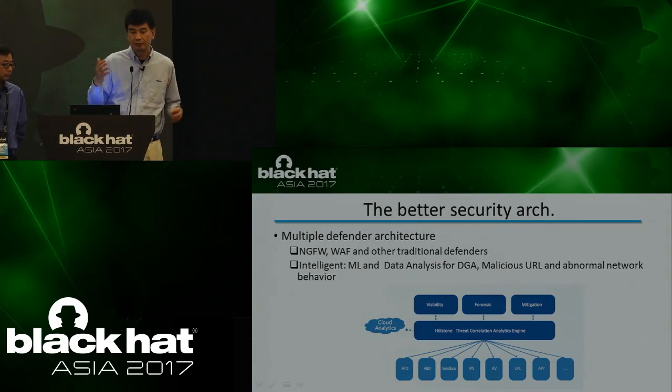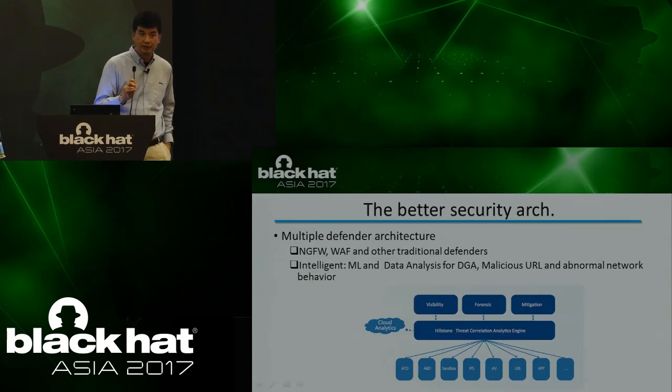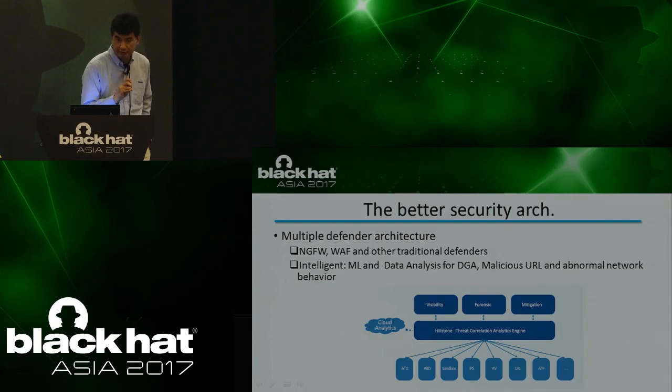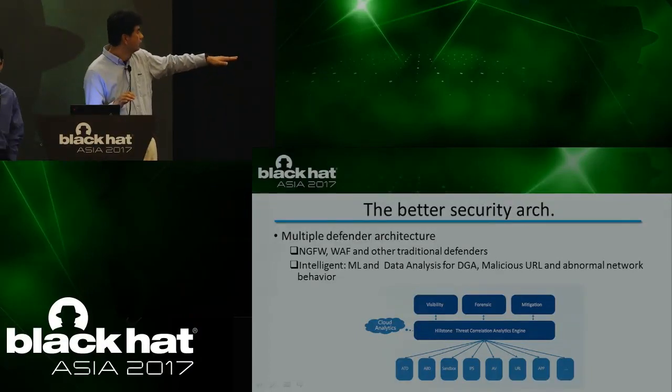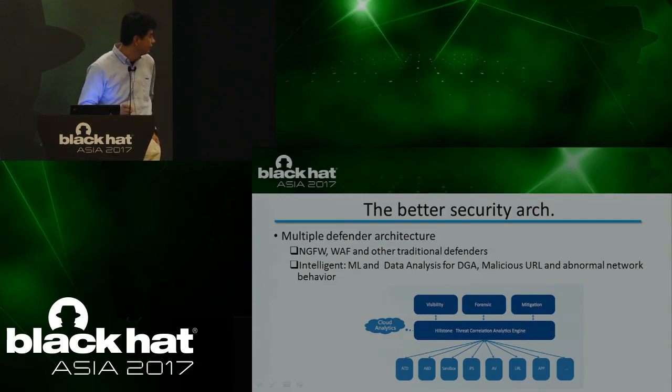But let's go back to the architecture. This is one simple architecture. Like I just said, we call it the NG firewall. It means not only intelligence, but also a fully functional NG firewall. In the lower part we have multiple defenders, from IPS and sandbox to intelligence.